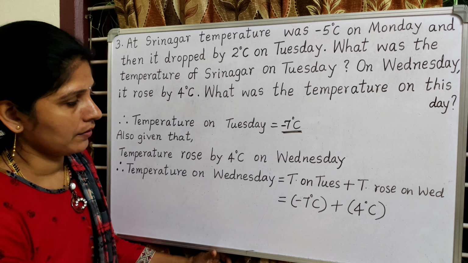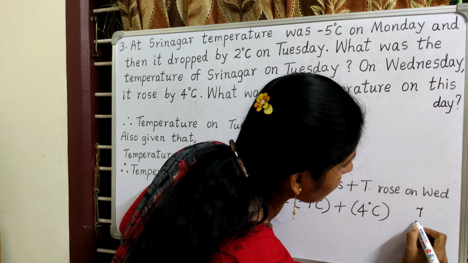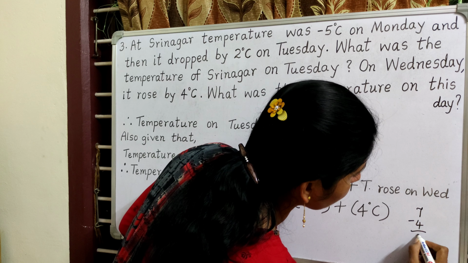According to the addition of integers, if the numbers got different signs, we cannot add. Here both the numbers got different signs, so we cannot add. We can subtract or minus. Minus the smaller absolute value from the greater absolute value. Here the smaller absolute value is 4 and the greater absolute value is 7. So 7 minus 4 is equal to 3.